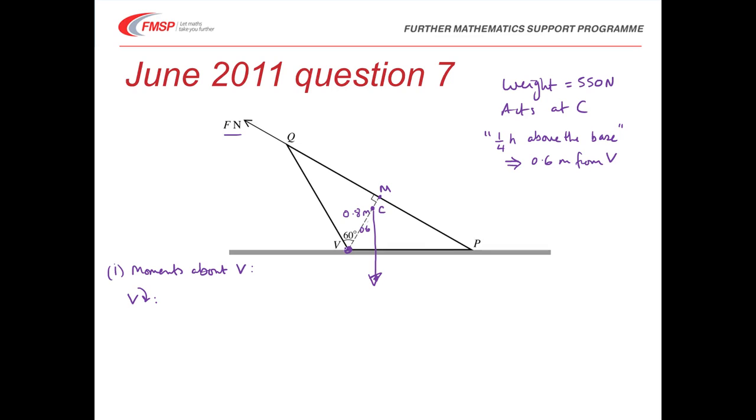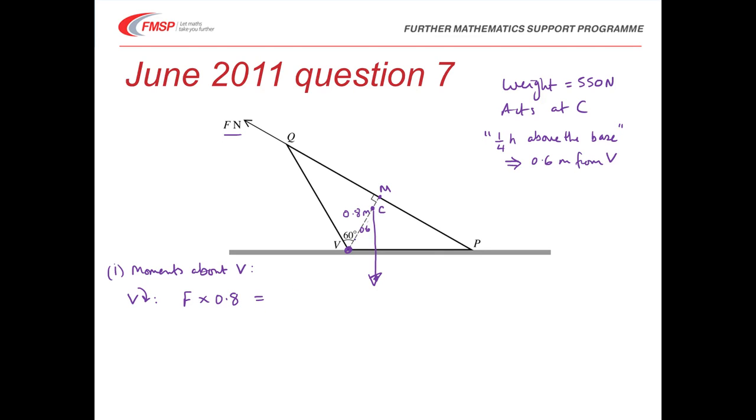So the perpendicular distance from V to the line of action of the force is 0.8 meters. So I've got F times 0.8 for the moment of that force, and that is an anti-clockwise moment about V. The weight force will give us a clockwise moment, so those two are going to be equal.